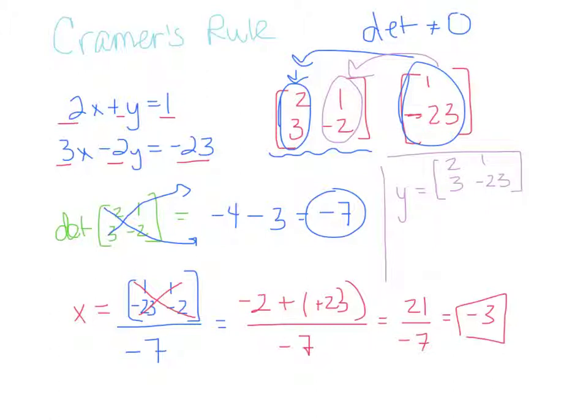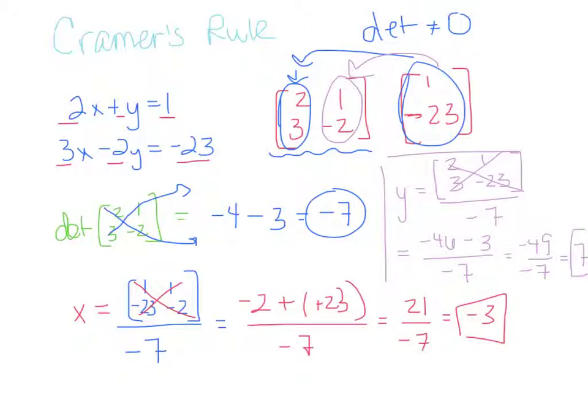We're going to do the determinant of that and still divide by -7. So this is going to be -46 minus 3 divided by -7, which is -49 divided by -7, which is 7.